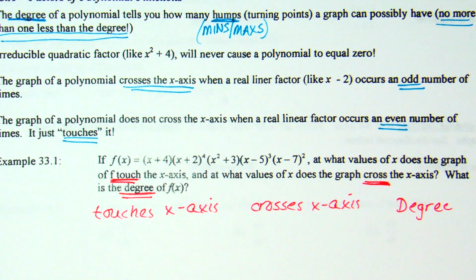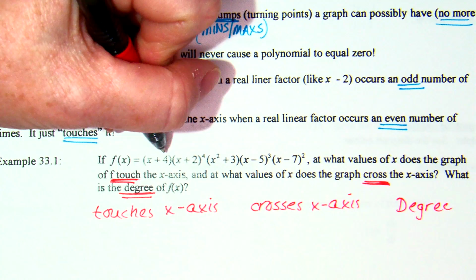No graphing. He says it's going to cross at -4 and 5. How does he know that so easily? Okay. X plus 4 is raised to the power of 1.